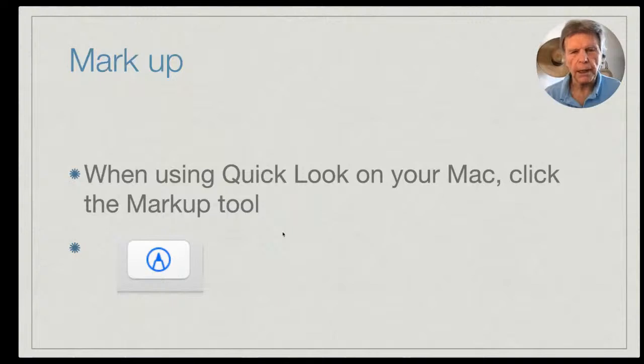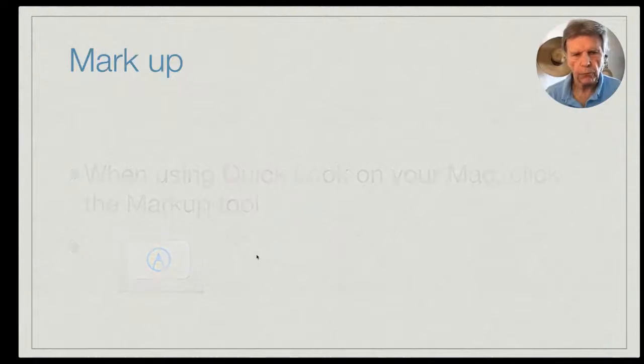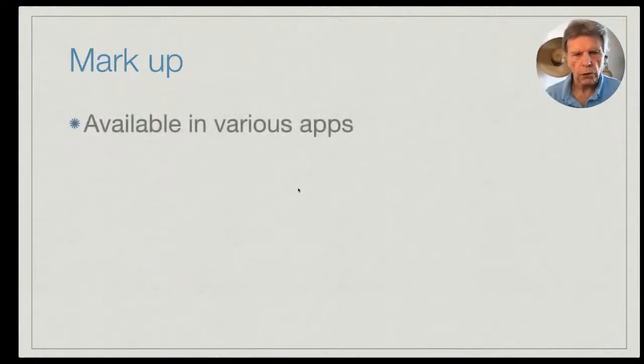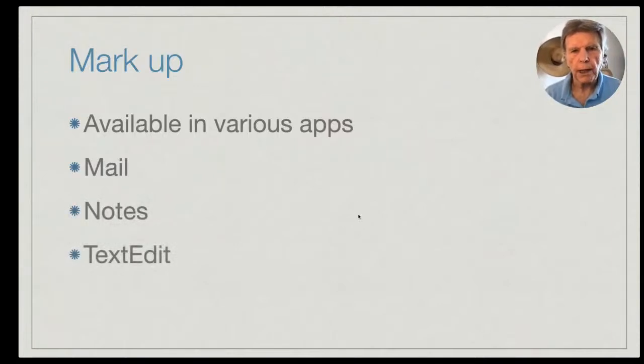The icon to look for in Quick Look or in Preview is this circle with a pen pointing up. There's various apps where you can use markup, and that includes Mail, Notes, TextEdit, and Photos.